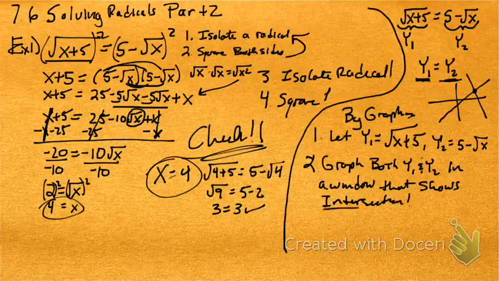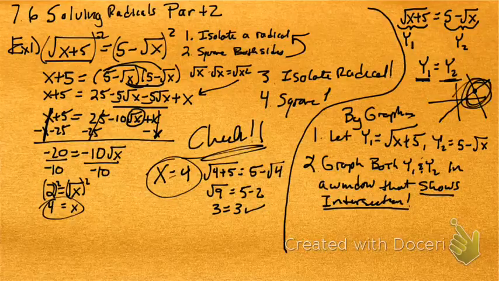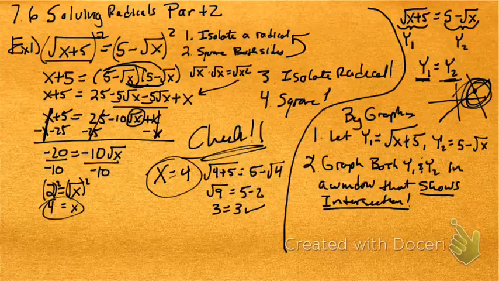So that's key. You have to see the intersection. If you don't see where the lines cross, you're not going to be able to find the solution. Maybe if you're lucky, you'll get it in the standard window, but you may not. After you do that, we're going to get to the calculate menu, which is not zoom, it's second trace.